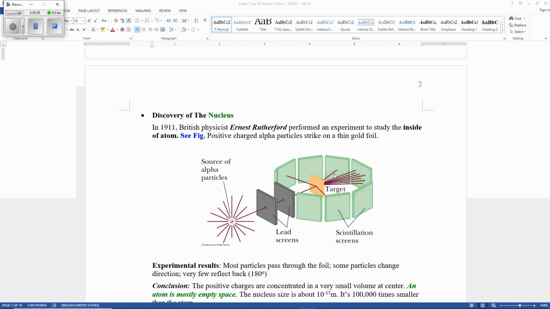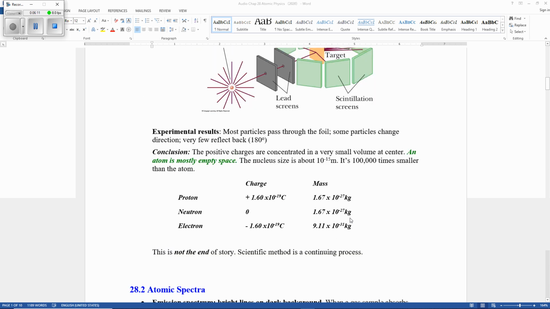So the conclusion is that the inside of the atom is mostly empty space. The nucleus is so small, like a blueberry in a football stadium. That's how small the nucleus is. Compared to the atom, the nucleus is 100,000 times smaller.